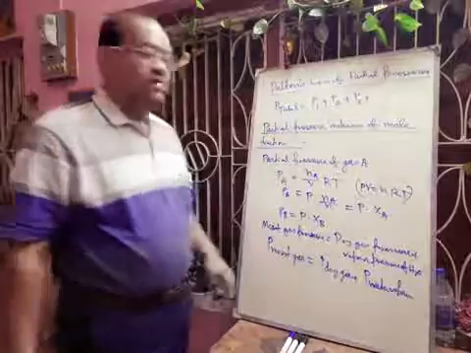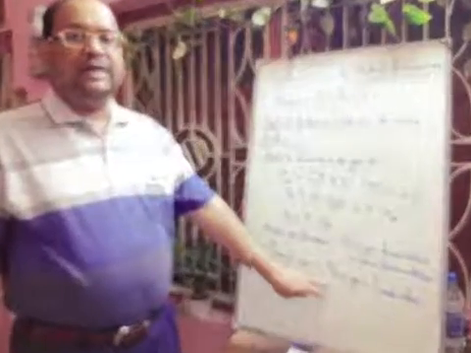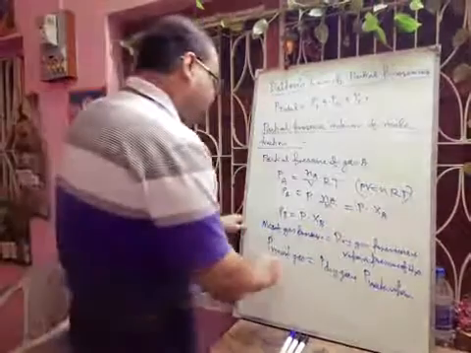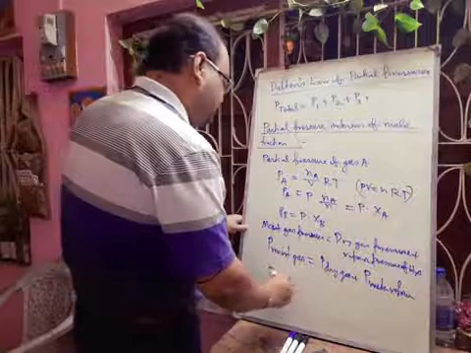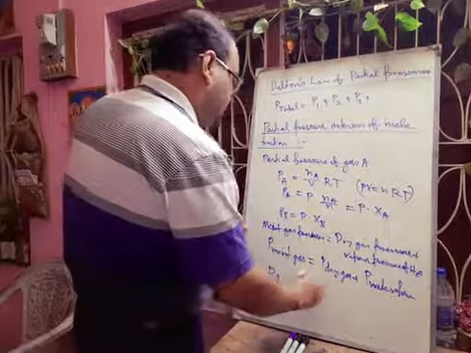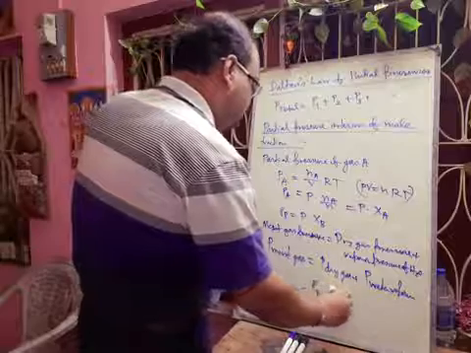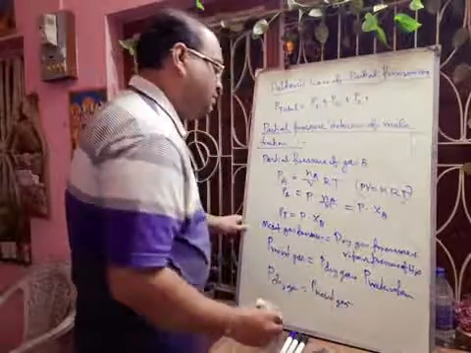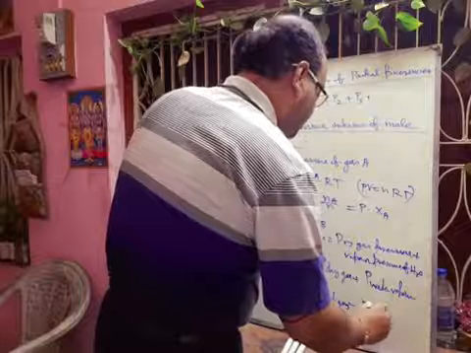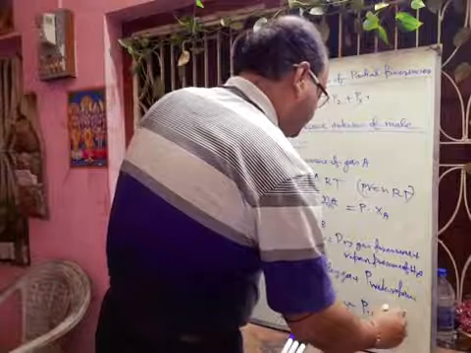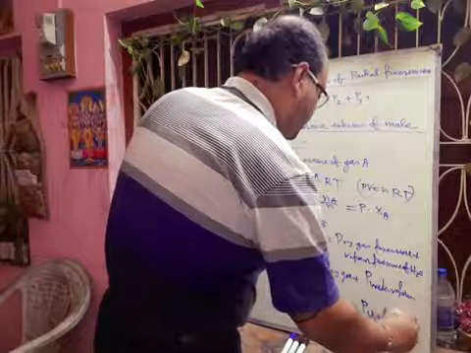So from here we can easily calculate the dry gas. So the pressure of dry gas will be P moist gas minus the pressure of water vapor.